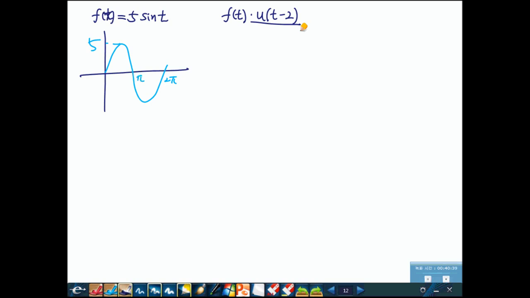Then what's going to happen? You have the original function, and you have u of t minus 2. At 2, about here, it is 1. That's u of t minus 2, and you're multiplying.